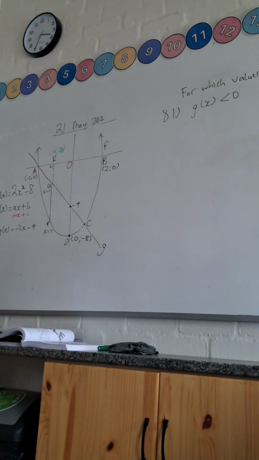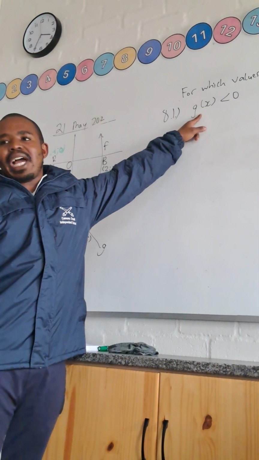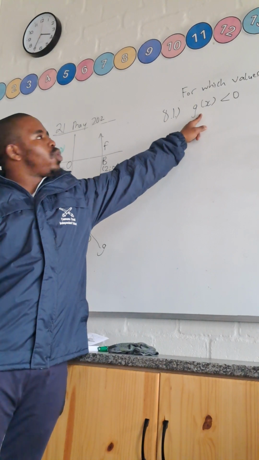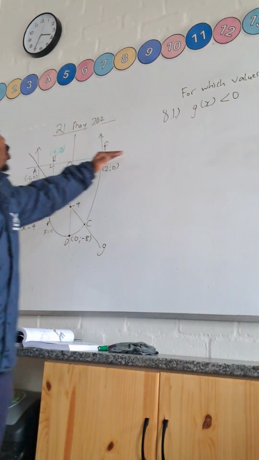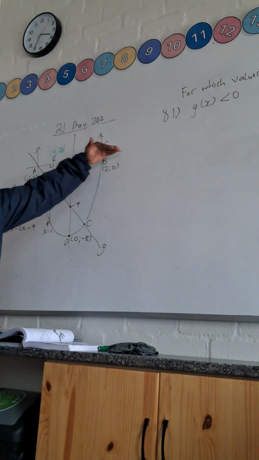In words, anything less than 0 means negative. So for what x values is the straight line negative? I always say, if you look at this visually, where is the straight line below the 0 line?